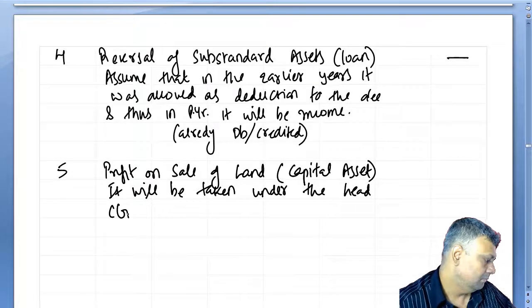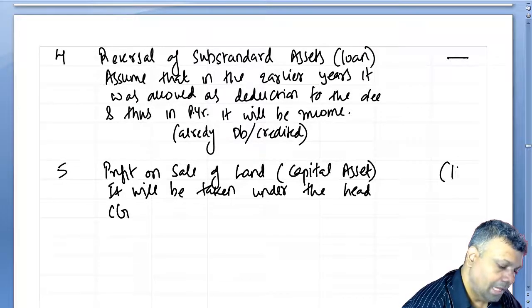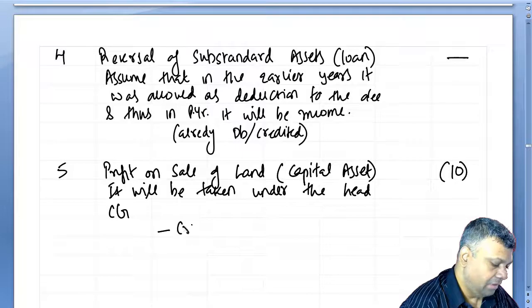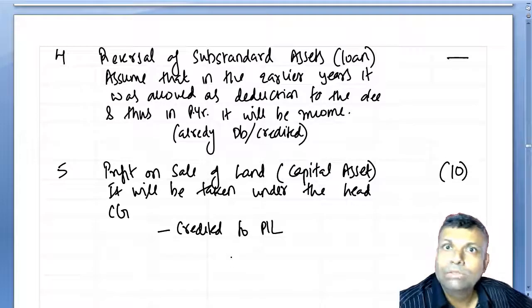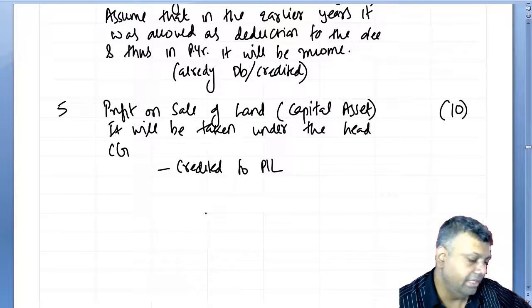Correct? So I'm going to exclude this 10. It is already credited to P&L. It is already credited because the title of that table was already debited and credited. So it is already credited to the P&L. So I'm going to exclude it.